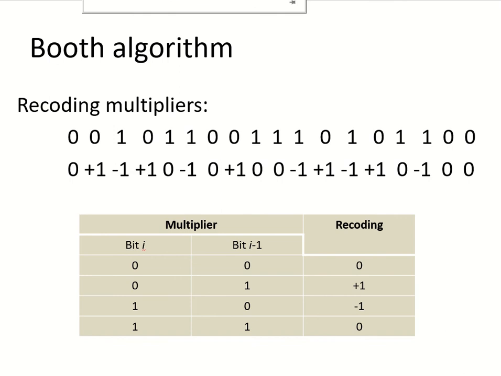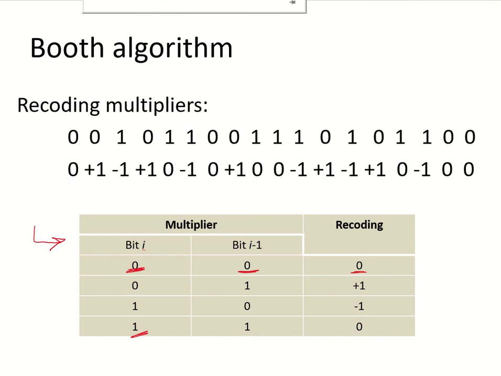So how can the recoding be done? This is a table which helps us understand how the recoding needs to be done. If bit i minus 1 is 0 and bit i is 0, the recoded bit would be 0.